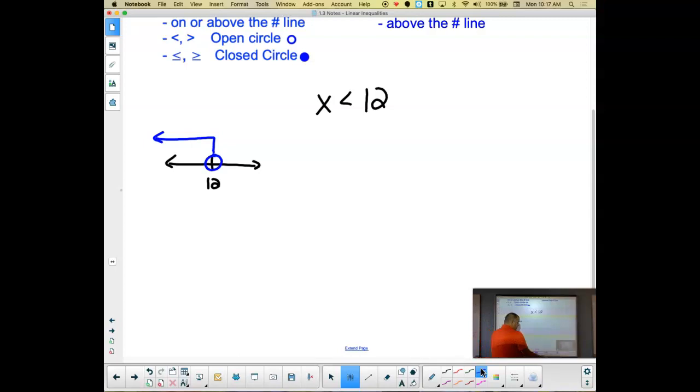Another way of graphing that same thing is, again, I'm only caring about 12, and then I would have my dot above 12 and my arrow going that way. Those are the two acceptable ways to do that. Because the reason is, and I've done this many, many times, is that what I don't want to see is this.